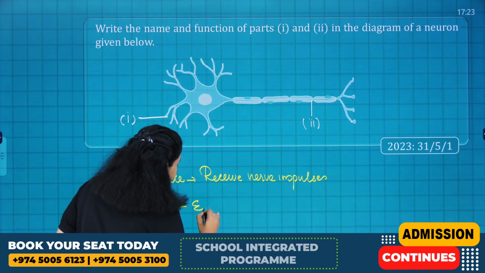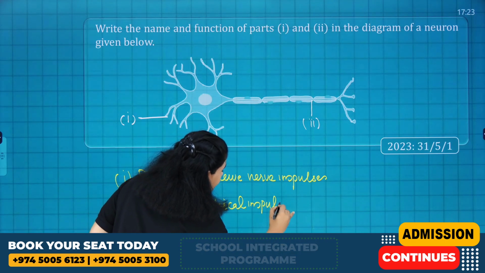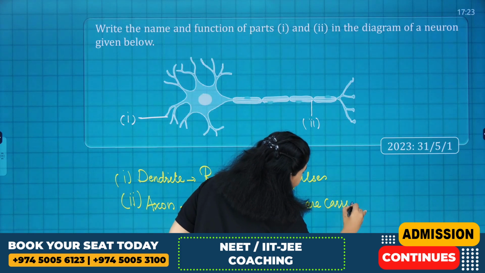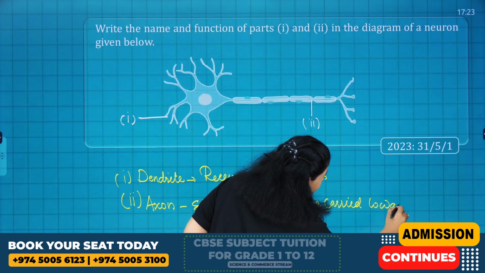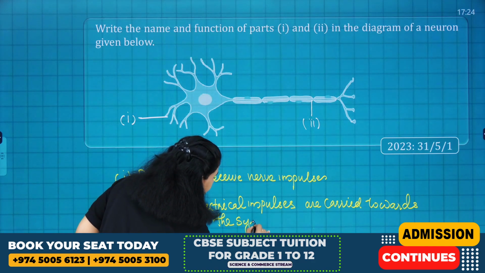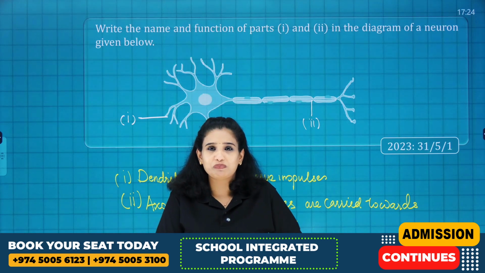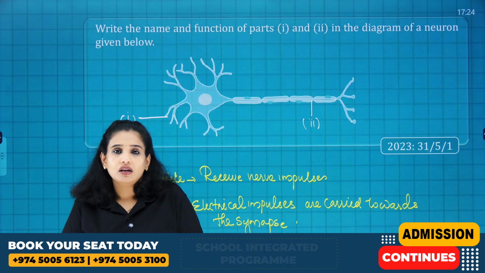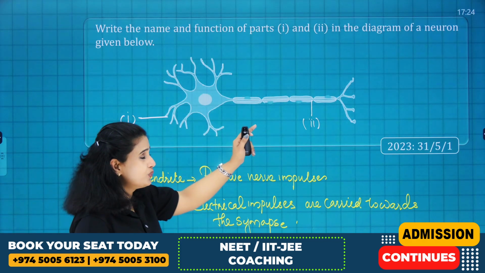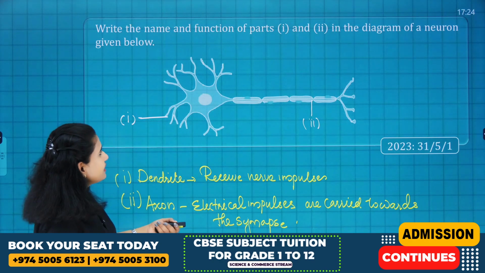The electrical impulses are carried towards the synapse, where it transmits the impulse to the next neuron. So, these are the functions of parts 1 and 2 that are labeled in the diagram. Let's see the next question.